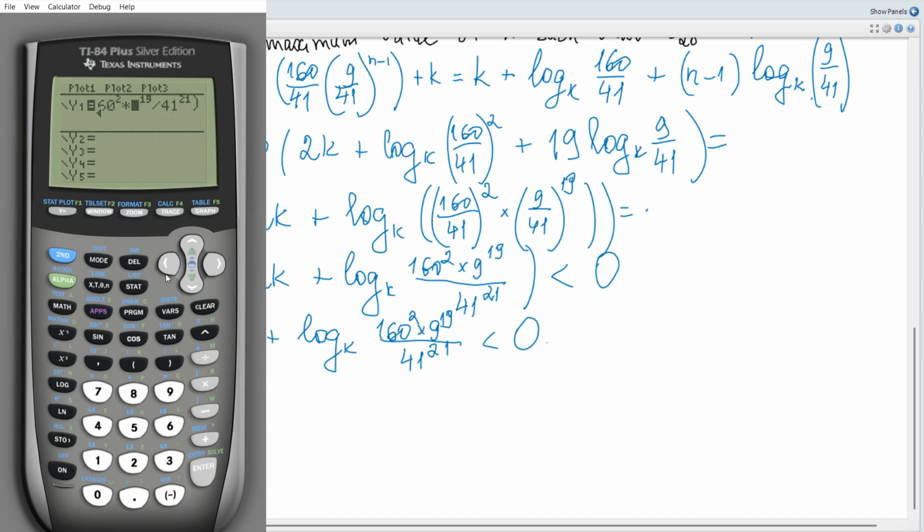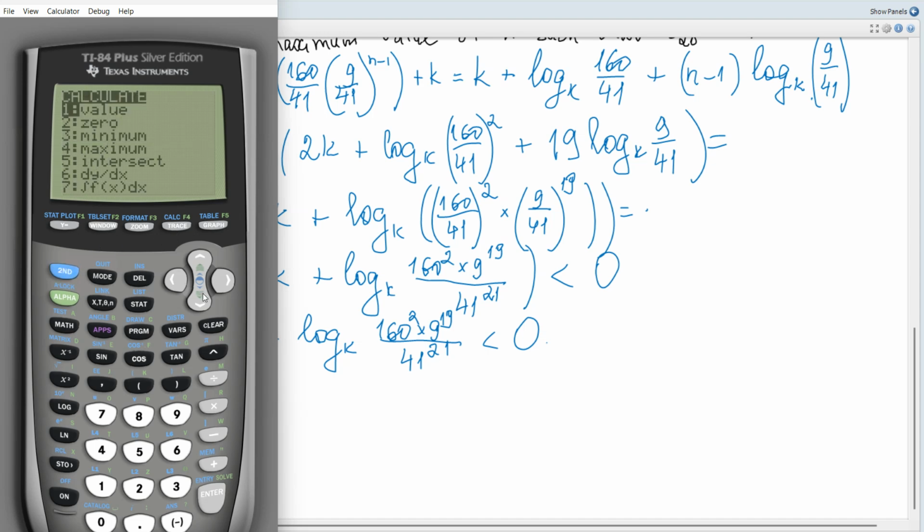Let's check. Then window, let x be from 1 to 20, y from negative 10 to 10, graph, and we need the x-intercept or root, so zero, left, right, guess.